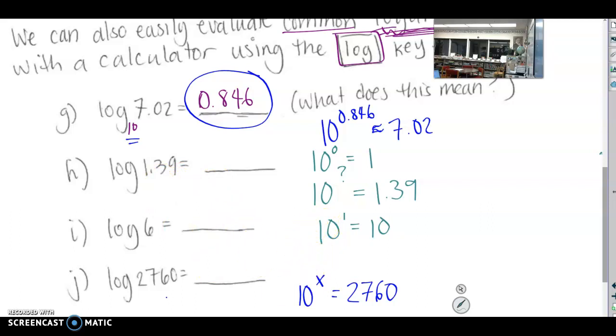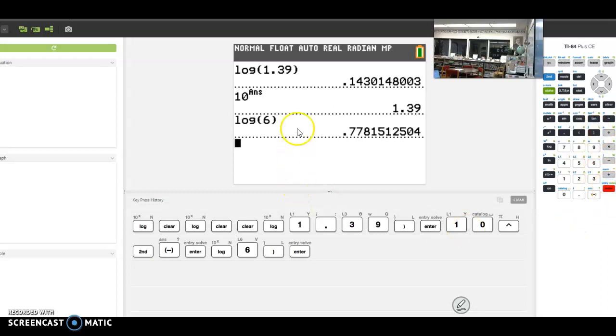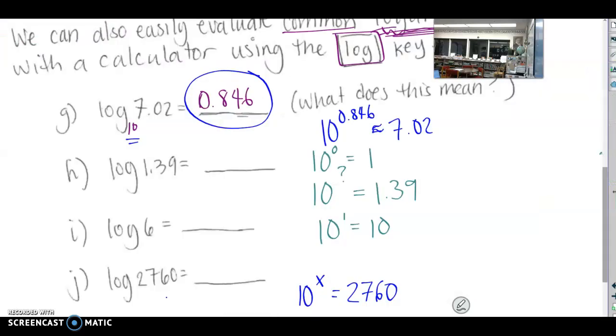Log of 6. You're going to just type log of 6 and enter. You may have to put the parentheses there. Mine comes up automatically on one side at least. And I get 0.778. That means 10 to the 0.778 is roughly 6.